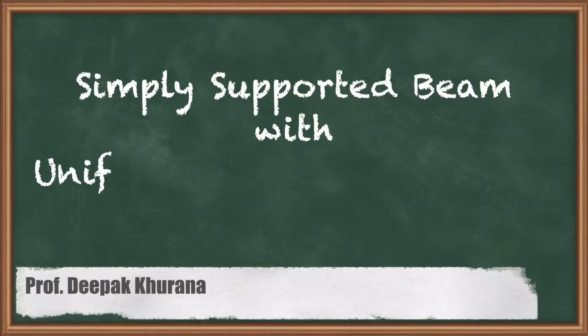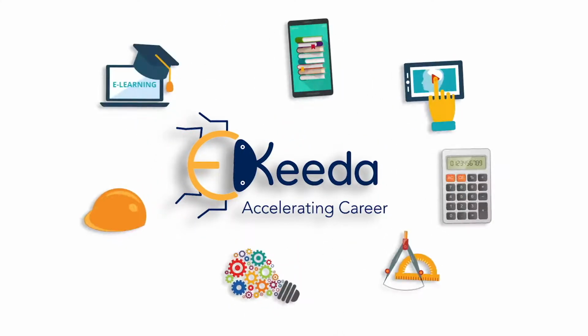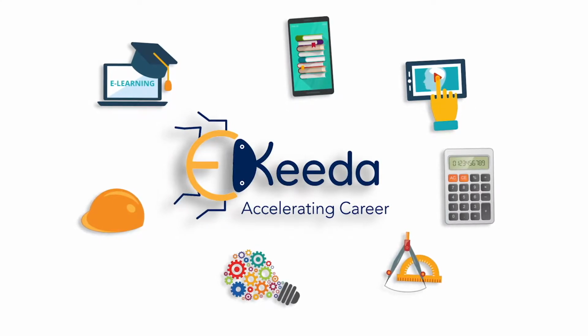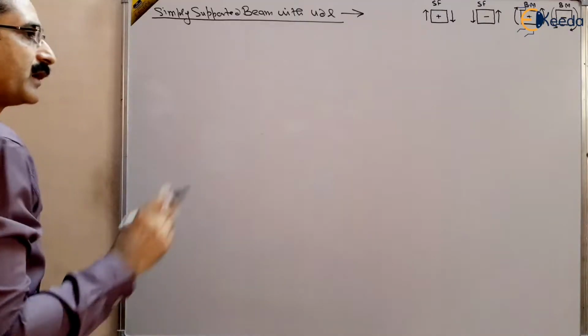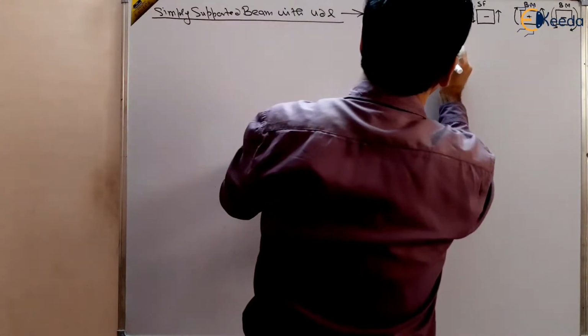In this session, we are going to study a simply supported beam with a uniformly distributed load. So we have a simply supported beam and there is a uniformly distributed load on that beam.